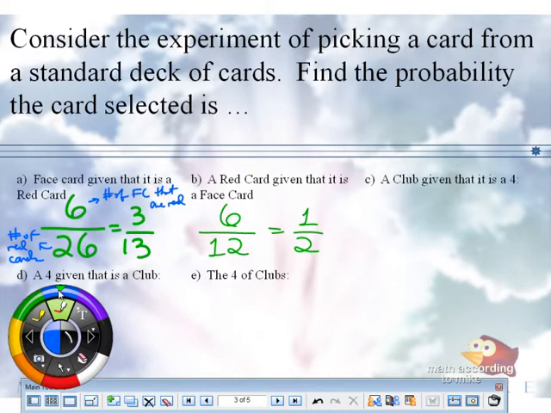So in English, the 12 represents the number of face cards. The 6 represents the number of red cards that are face cards.